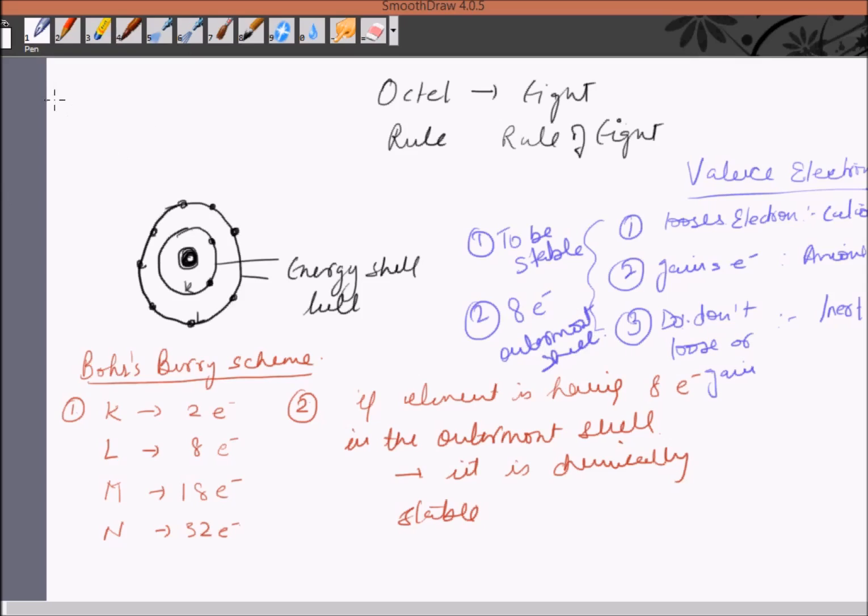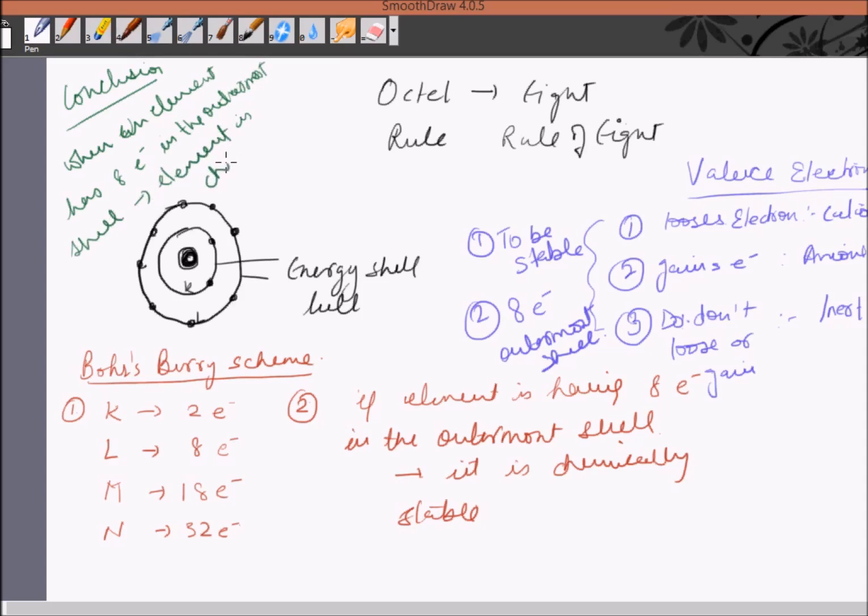The conclusion says that when an element has 8 electrons in the outermost shell, the element is chemically inert, or you can say chemically stable, right?